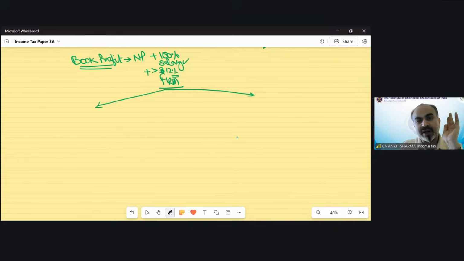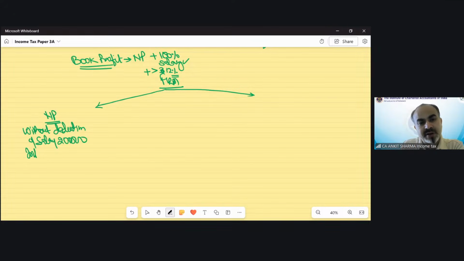Now suppose there are two situations. The question says the net profit has been given without deduction of salary, which is 2 lakh, and interest, which is suppose 14%. The amount is suppose 28,000.